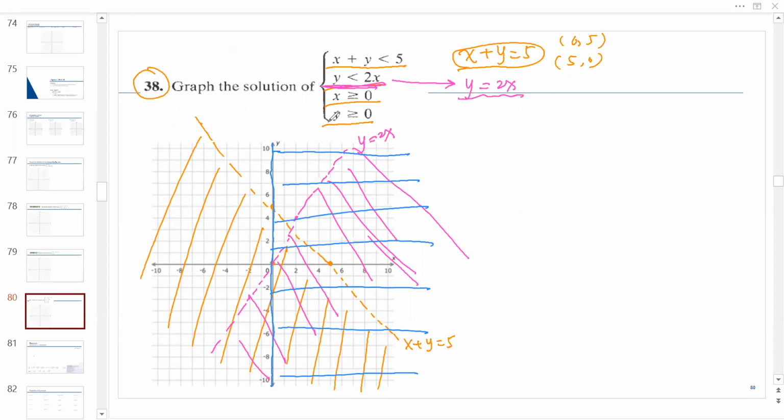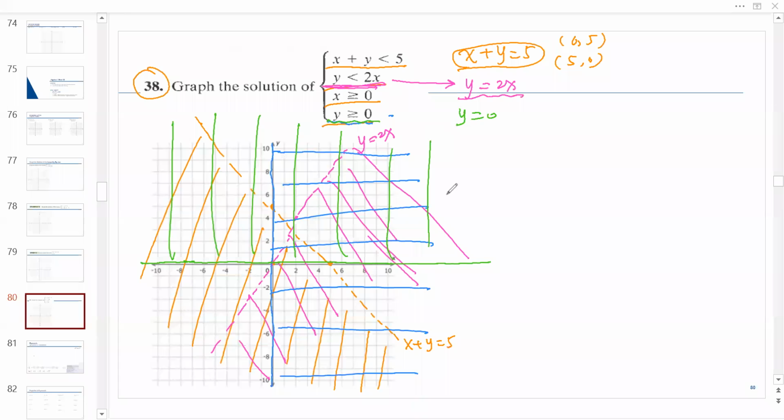All right, let's see this one. Last one here. Y equals 0. So actually y equals 0 is this line. And y greater or equal, so it should be the top part here. So use your brain to find out what's the overlap area.